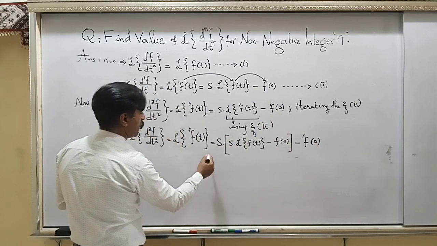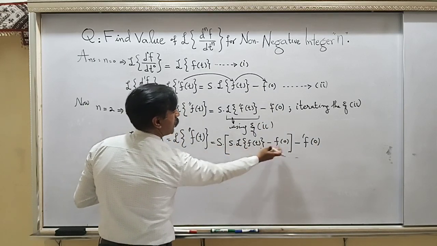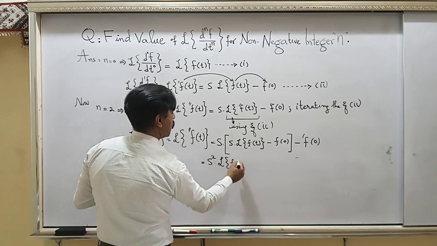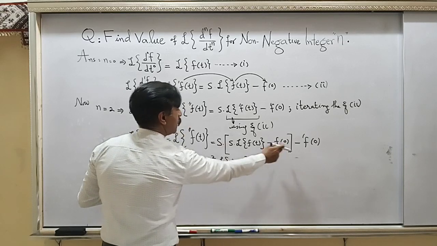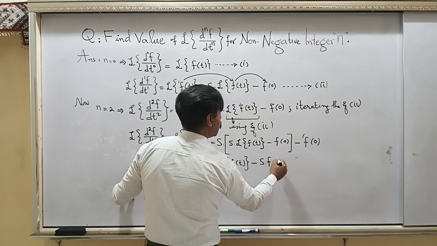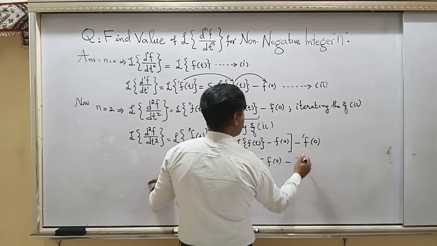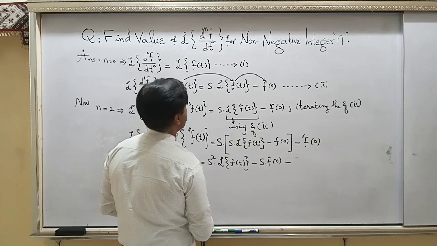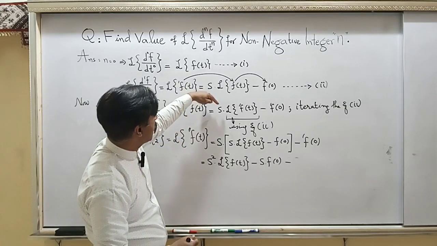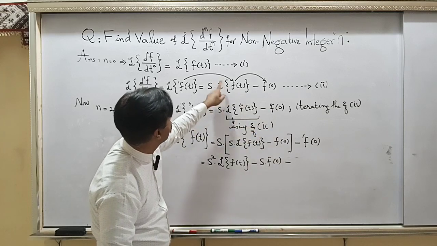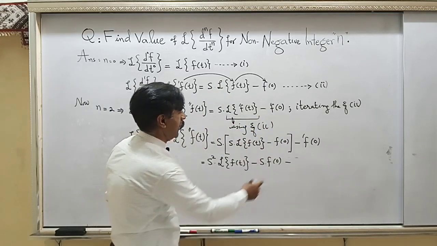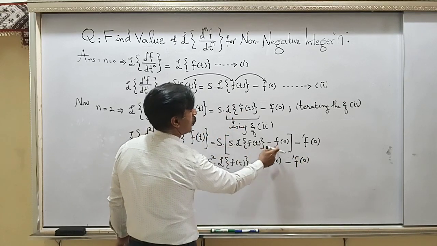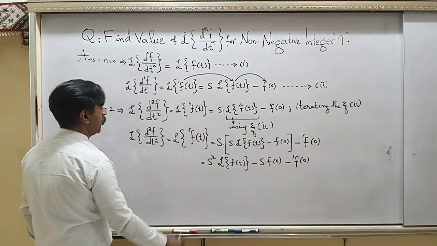Now expand this bracket, meaning distribute this s over these two terms. It is s square into the Laplace transform of f(t) minus s into f(0) minus, what is this? This is minus f prime. Okay. This s will multiply here, and this term will be left.